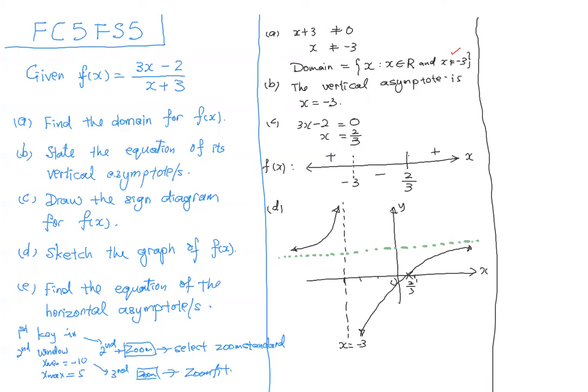What is the name of the green line? Green dotted line. Horizontal asymptote. Okay, good. That is what part E is all about. So part E, how to find the horizontal asymptote.